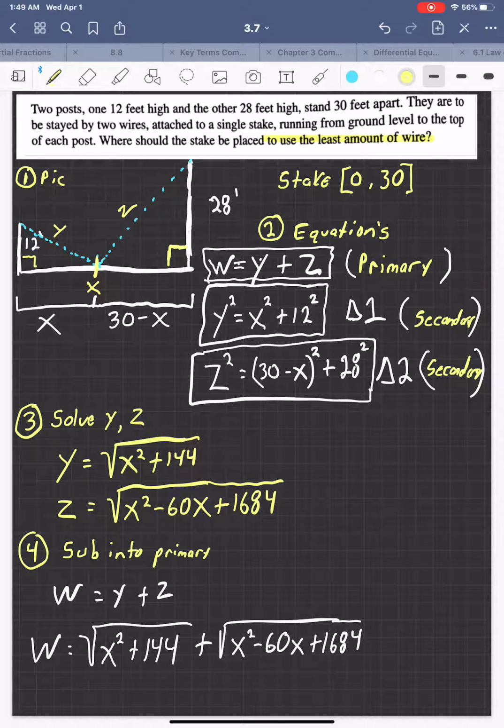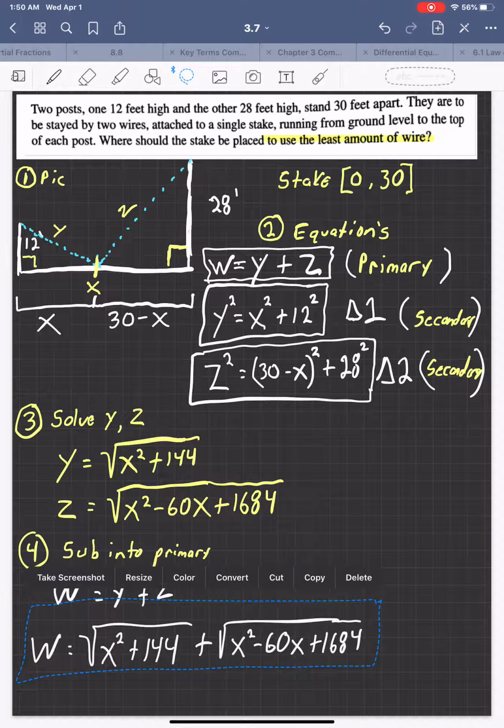But we now want to answer the question. So now is when we need the calculus. So I'm going to grab W. We're going to give ourselves a new page.